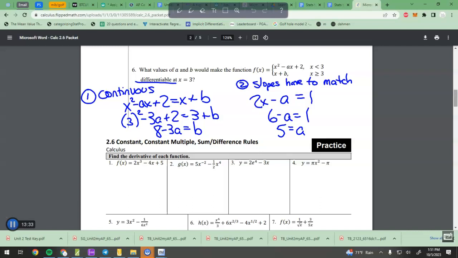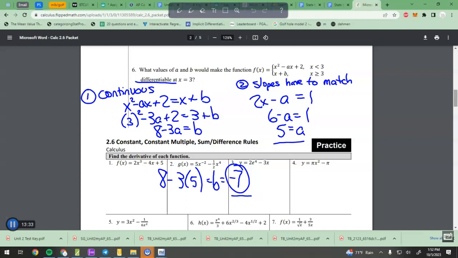Now I can go back and find out what b is, because b is going to be 8 minus 3 times a. b is 8 minus 3 times 5, which is -7. So then you have your values for a and b. A lot of times they'll say find the values for a and b and tell me what a plus b is, and then you'd have to add those two together.